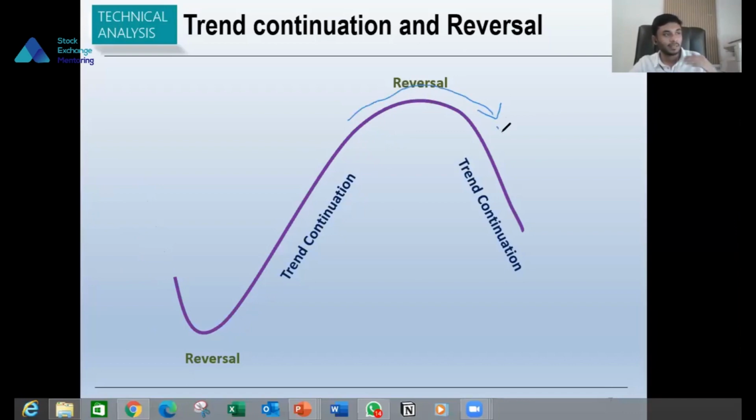After that reversal, maybe the market goes into a new downtrend. So these upward and downward reversals and flat, long accumulation and distribution points will occur many times in the market. If we can understand these cycles and analyze these price actions, this will be very helpful for us to make our trading decisions.